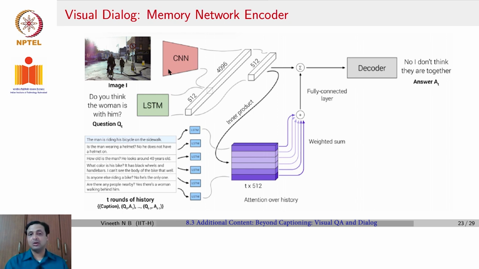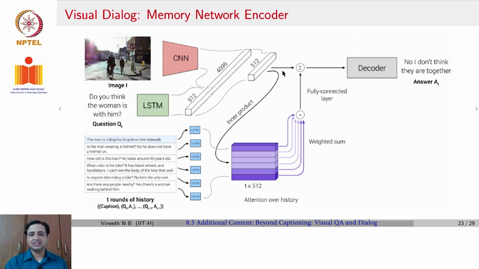And we said that one way you could do alignment is through a dot product or inner product. So what you're seeing here is an attention which checks for alignment between the current image and the question with respect to history to get an attention map over the history, which is a weighted sum.